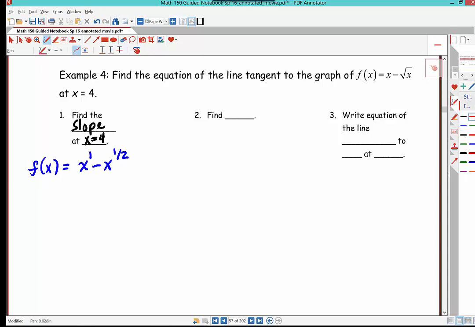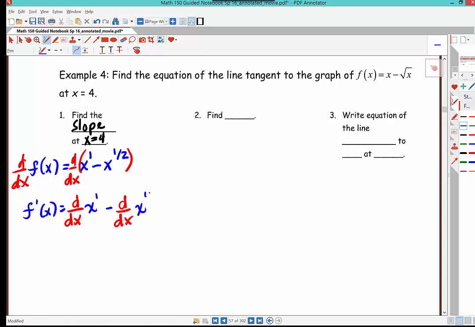And so now applying the derivative with respect to x to both sides, we'll get f prime of x, and then using that rule we just learned, the derivative with respect to x of our x to the 1 power, and then minus the derivative with respect to x of our x to the 1/2 power. So I just applied the rule that we proved last time.